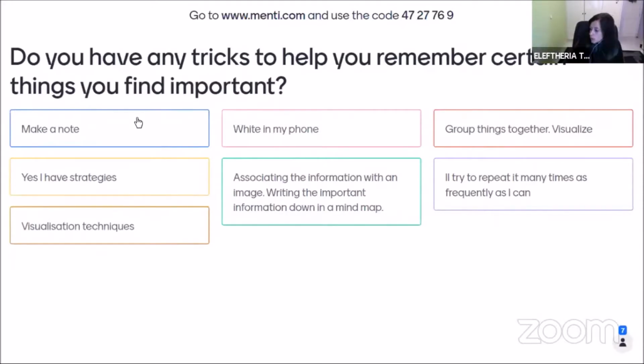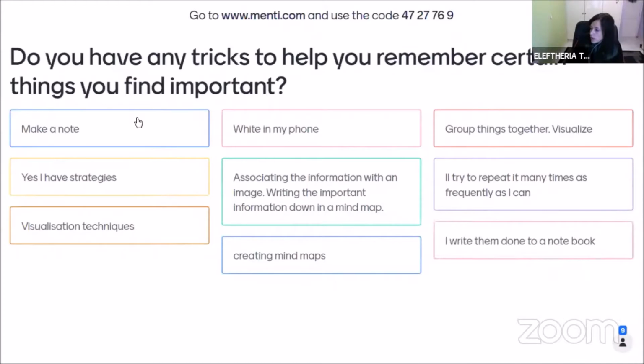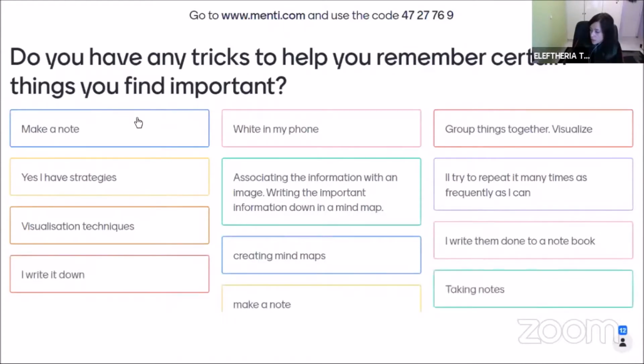So I'm going to start reading your answers as they come. Group things together, visualize. I try to repeat it as many times as possible. A lot of you say that you make notes. Well, the question is more about when you cannot really take a note, how do you remember things? Visualization techniques, associating the information with an image.